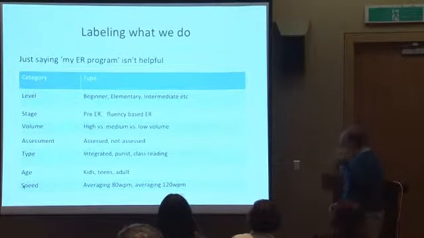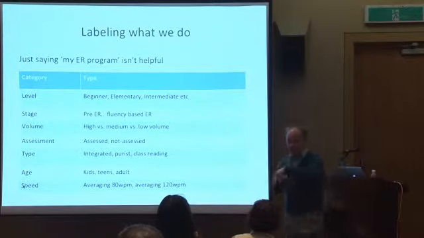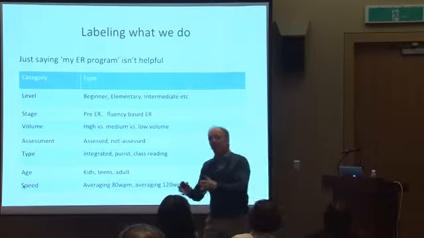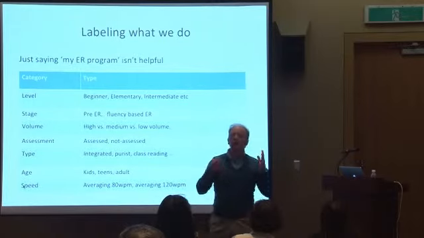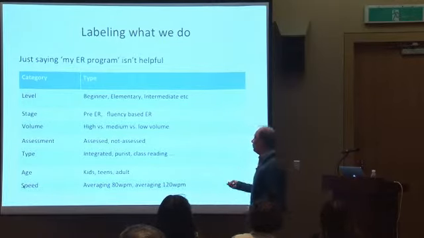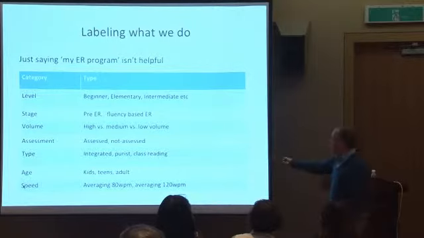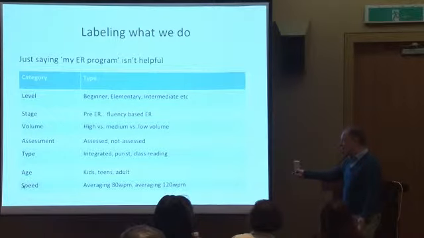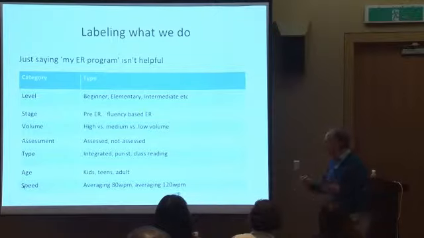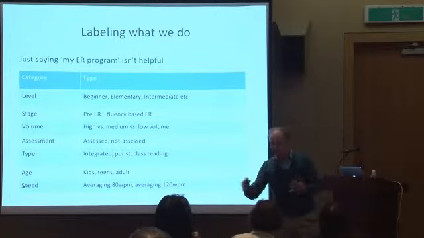So, when we're talking about extensive reading, this is coming to the last two slides, we have to be careful what we're talking about. We could be talking about a different level, a different stage of learning. We might be talking about a different volume, whether we have assessment or not, a different type of extensive reading, the age, the speed. All of these things are variables.